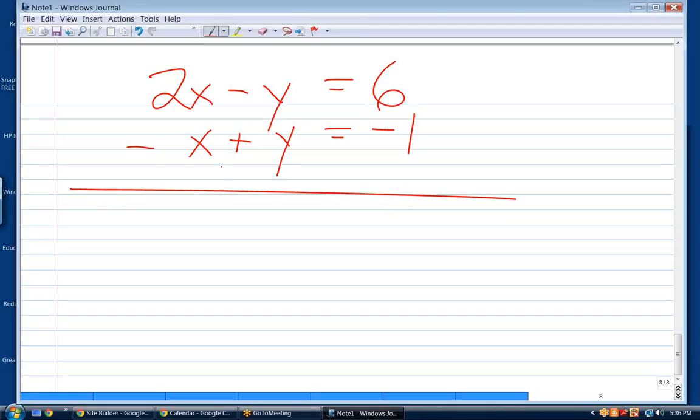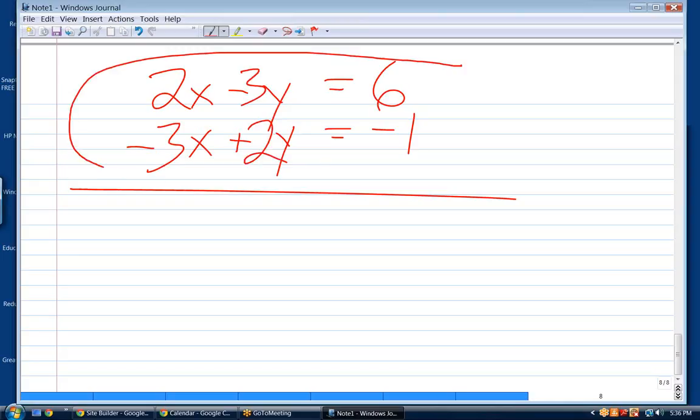Much harder was the other one where we had stuff like this. The only way to solve this by elimination is to multiply both equations by different numbers. So these are much harder.